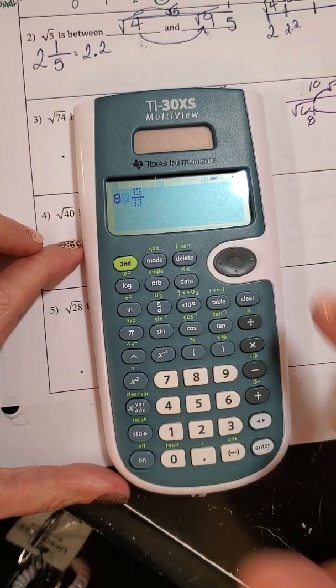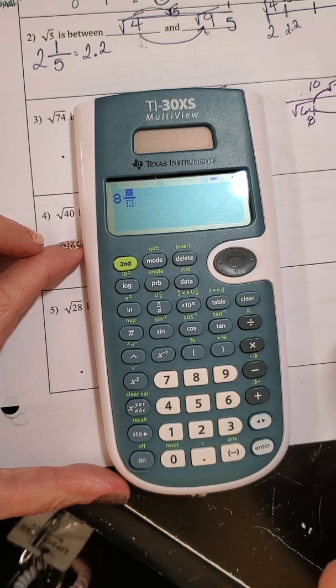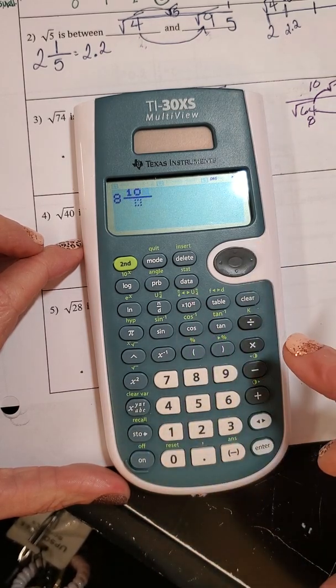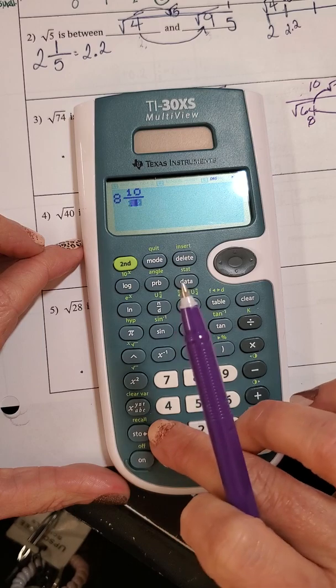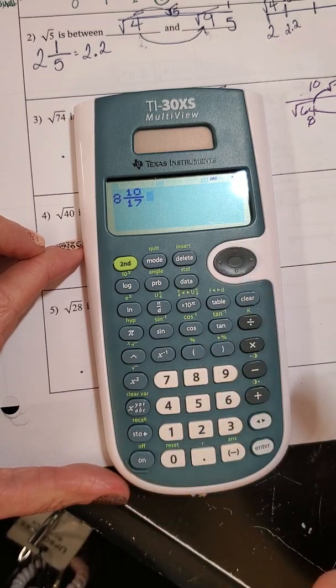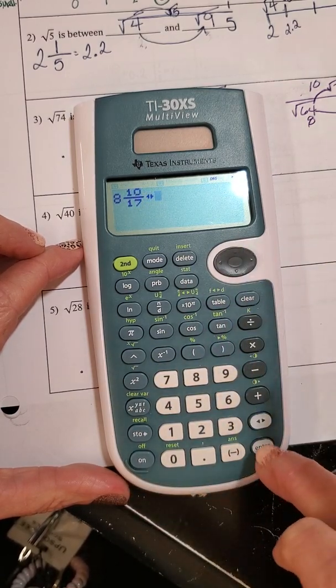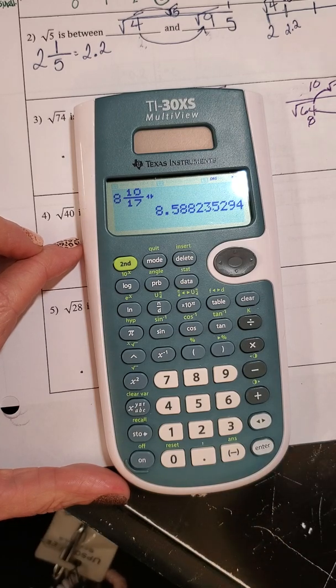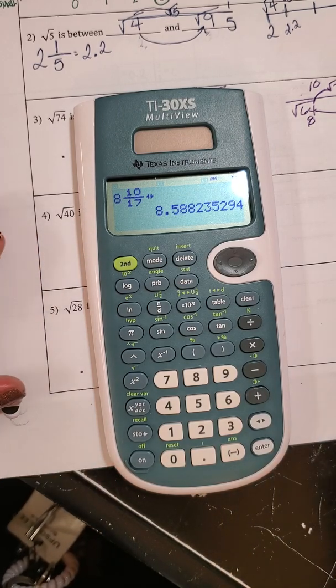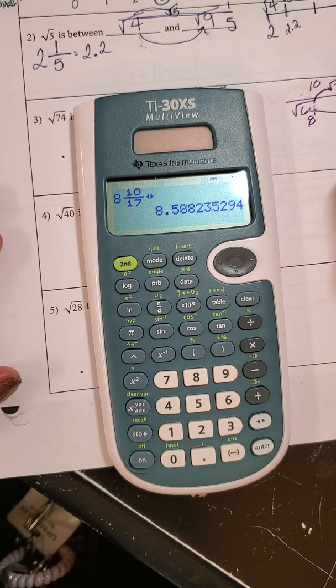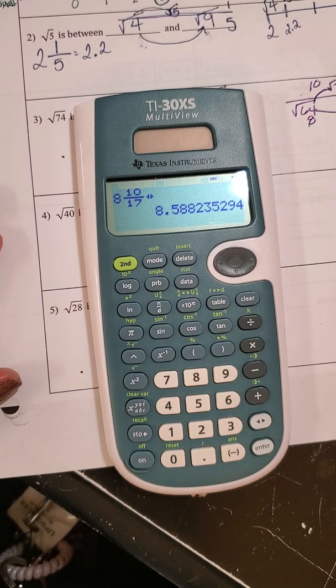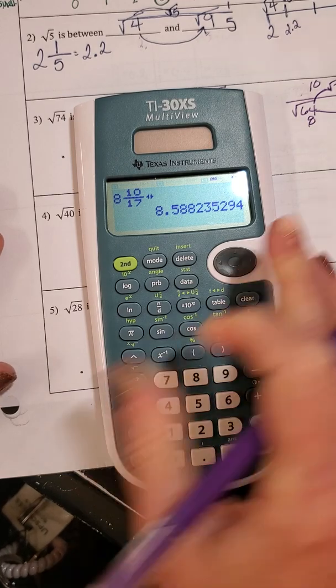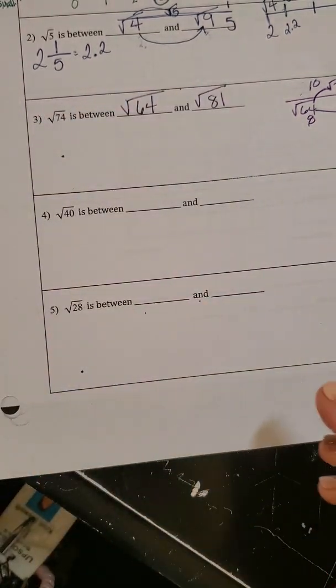And then 8, arrow over to the right, 10 on the top, arrow down, 17 on the bottom, arrow over to the right, hit my conversion key, enter, and there is my decimal. So it is 8.58, which is going to be 8.6 when I round it.